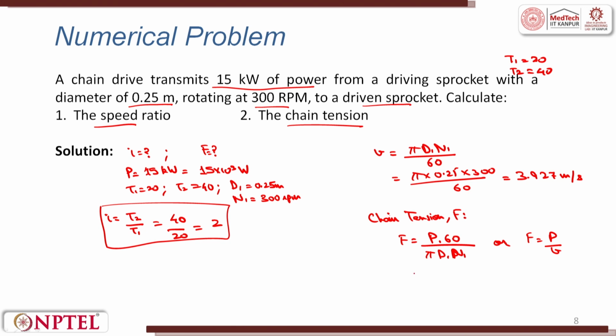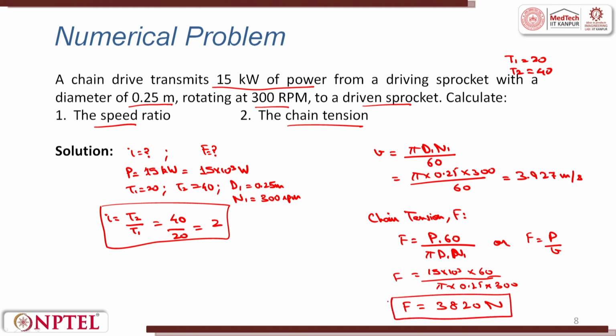Let me use this relation once again. F is equal to 15 into 10 raised to power 3 into 60 by pi into 0.25 into 300. This gives me the answer as 3820 newton. This is F, that is tension in the chain.